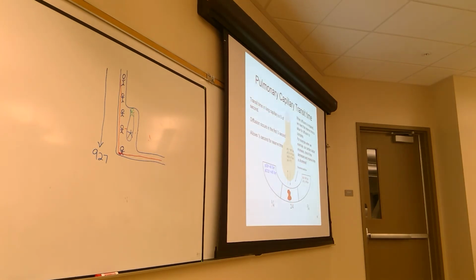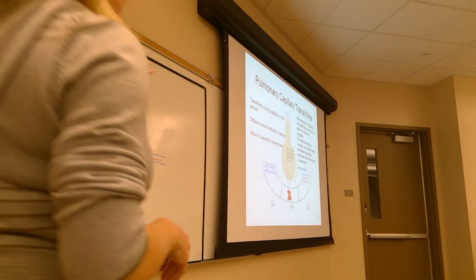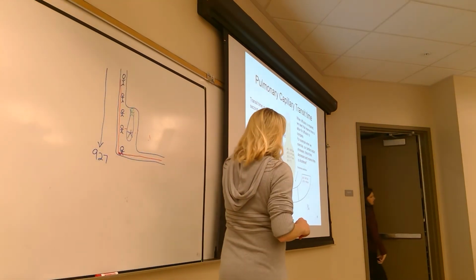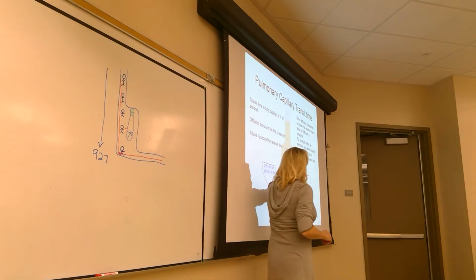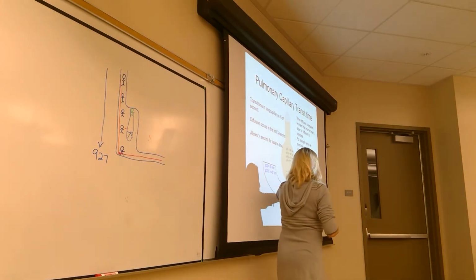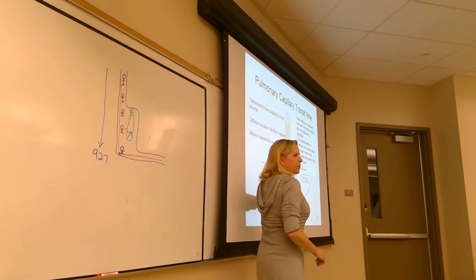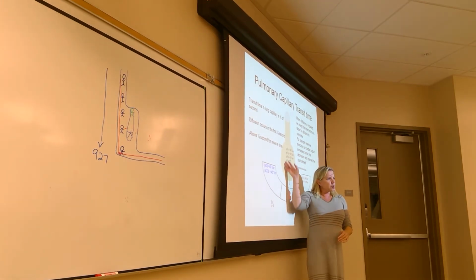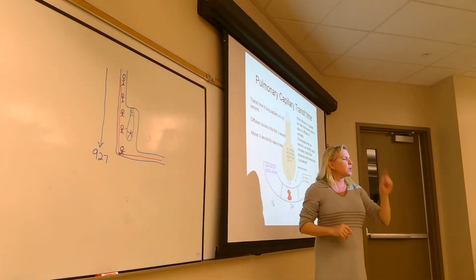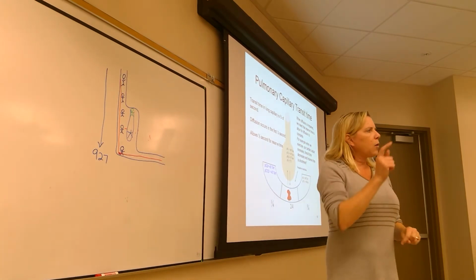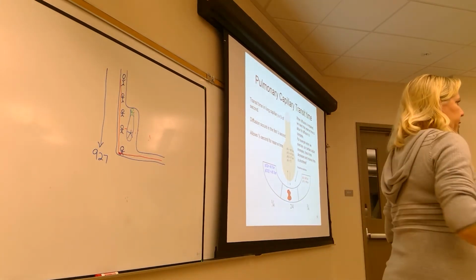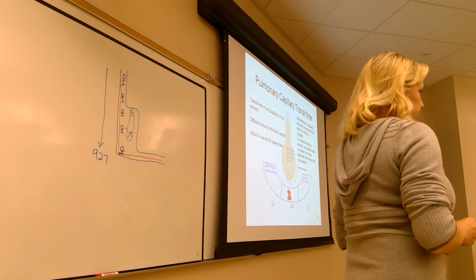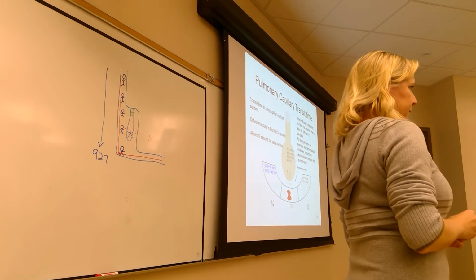So when the blood is going through this pulmonary capillary bed, it takes 3/4 of a second. The diffusion and exchange of gases takes 1/4. 3/4 minus 1/4 gives me 2/4, also known as a half.